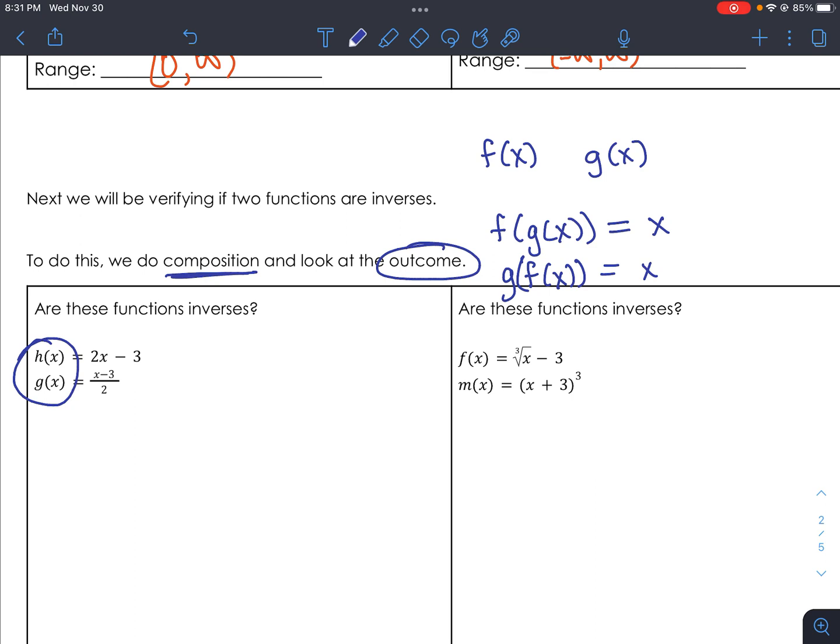Now, the functions will not always be labeled f and g, but you're going to use the two functions together. It is possible for it to work one way and not the other. To be inverses of each other, we need to check and see, does it work one way? If it equals x, great. We move on to the next. If it doesn't equal x, we stop and say they are not inverses of each other.